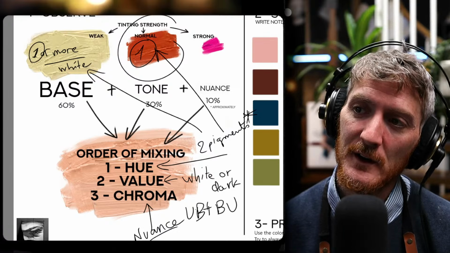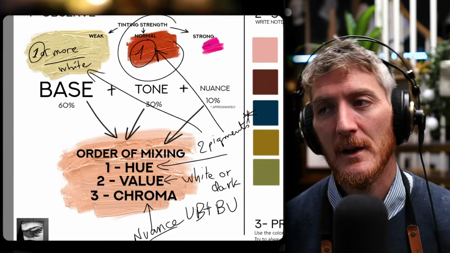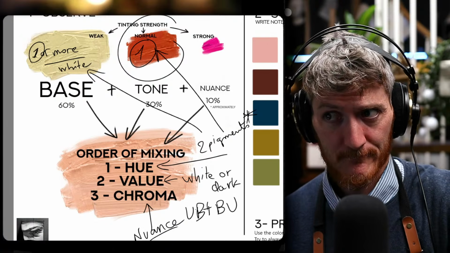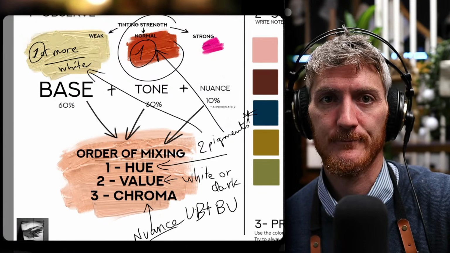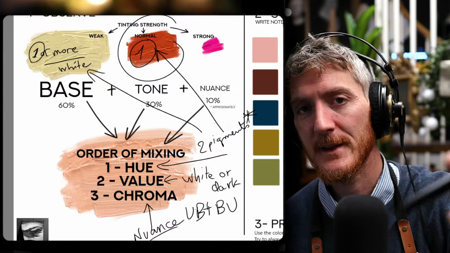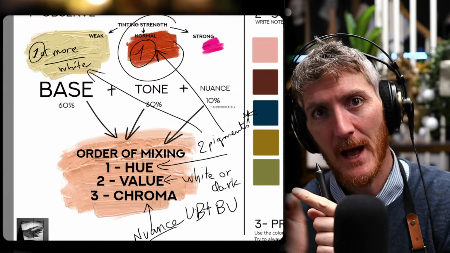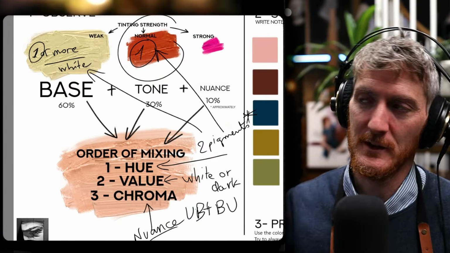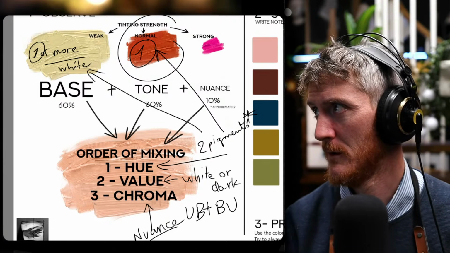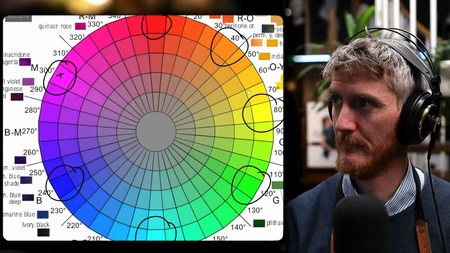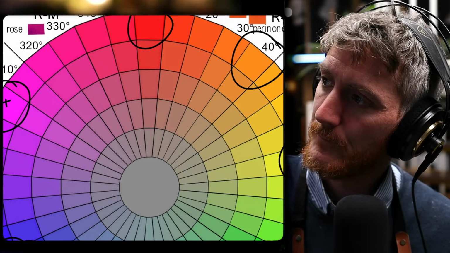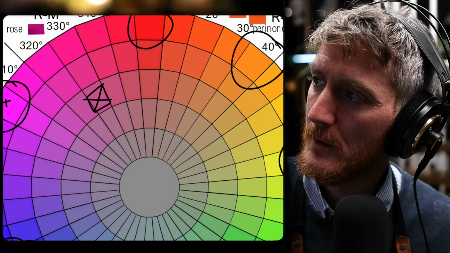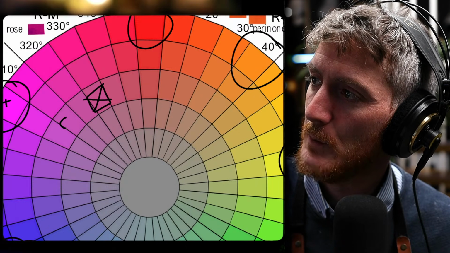If it's not vivid enough, you might need to bring some more tone. If it's not exactly the right hue, you might need to add a little bit of an accent that will pull in a different direction in the wheel. For example, let's say your goal was to get here, but you end up here.